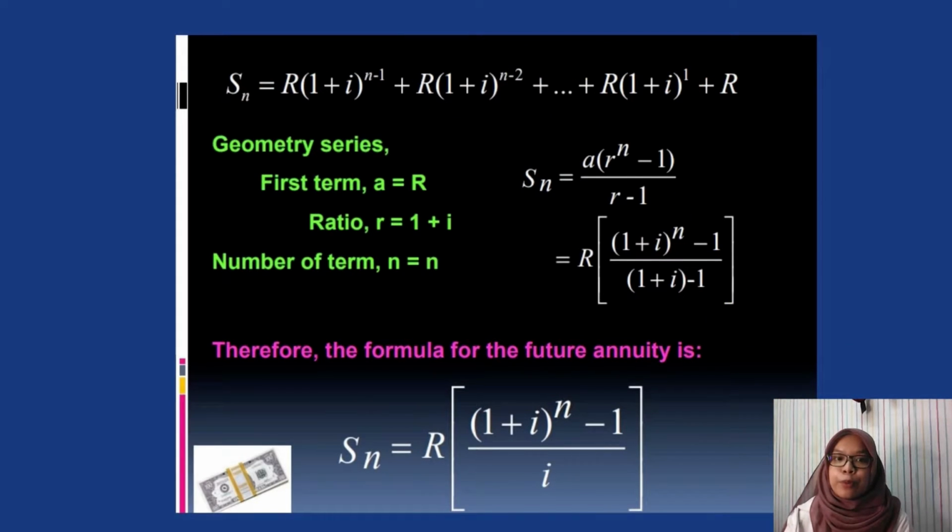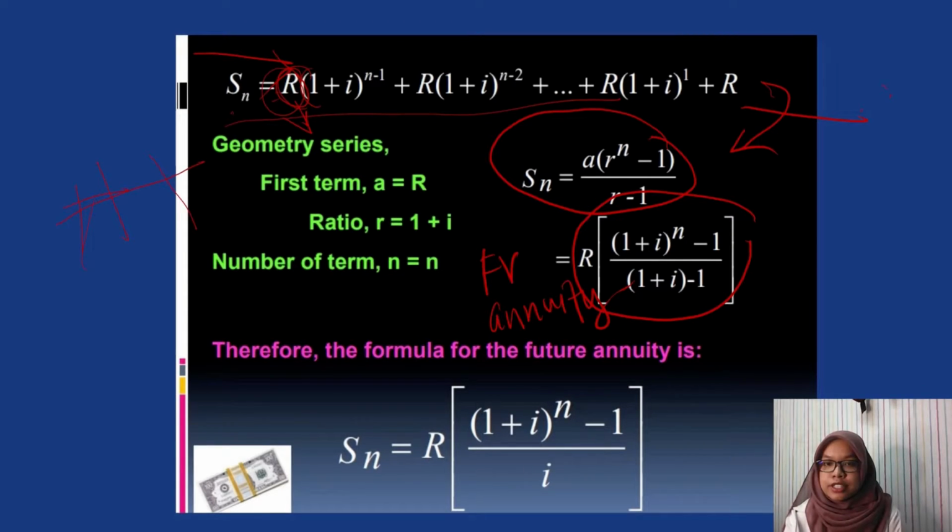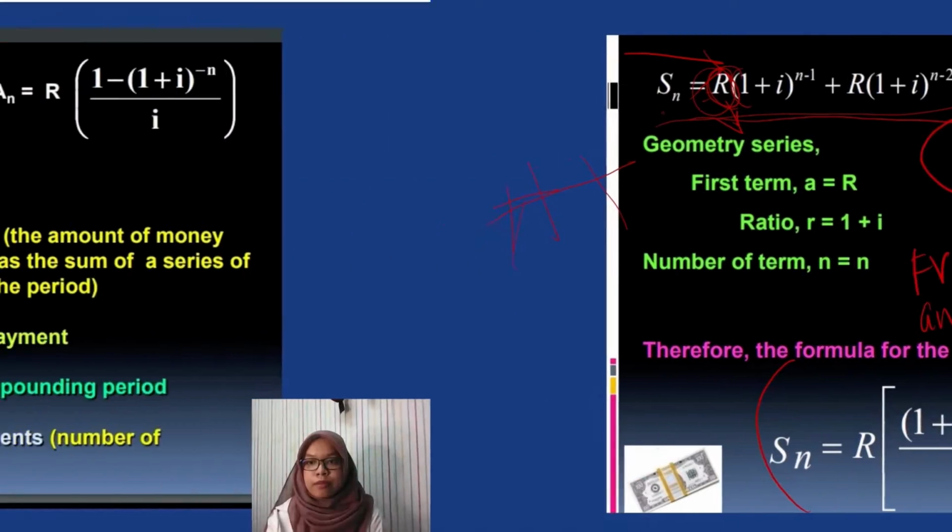So this is the formula of the geometric series, and this is the formula for the future value of the annuity. So this is the conclusion from this to this: we can conclude that the future annuity comes from the series.